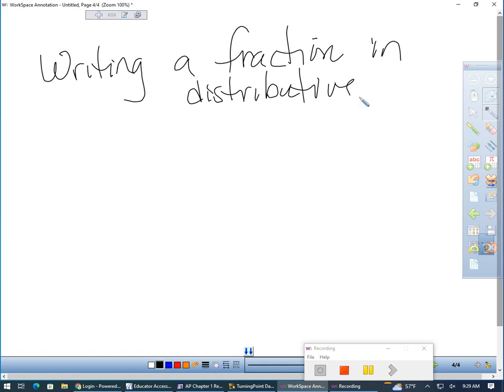All right. So what I mean by that is if we have something that looks like, let's say, 2x plus 3 over 5. So this is a fraction. We can actually distribute this bottom or the denominator to each piece.